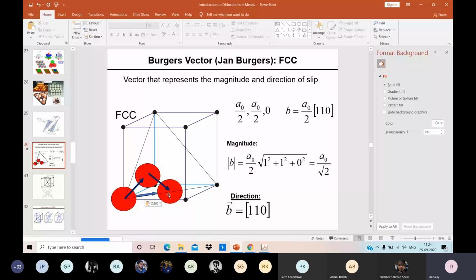But still, the system can prefer to move like this. So we say the perfect dislocation dissociates into two partial dislocations.